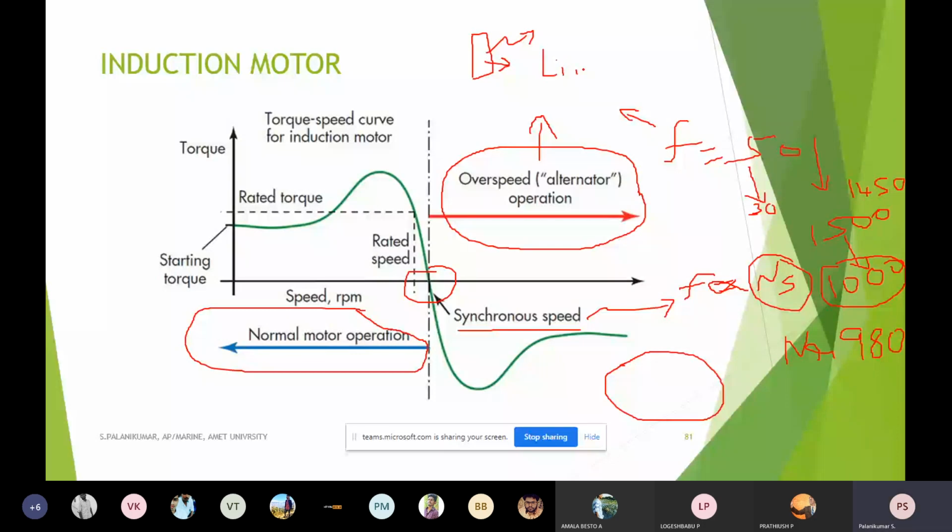This concept helps us store the energy in the battery very well. This happens for the next 3, 5 or maybe 6 seconds, from 1450 RPM downward, so even a small amount of energy can be stored and retrieved back. That is a very important concept of any induction motor.